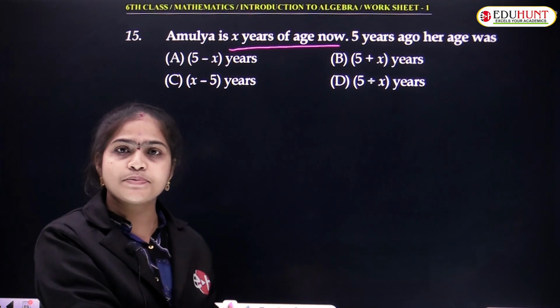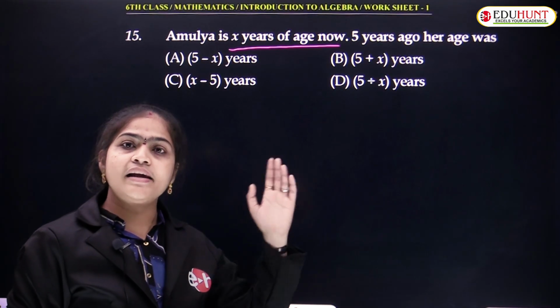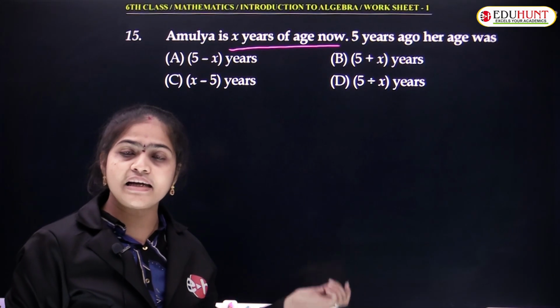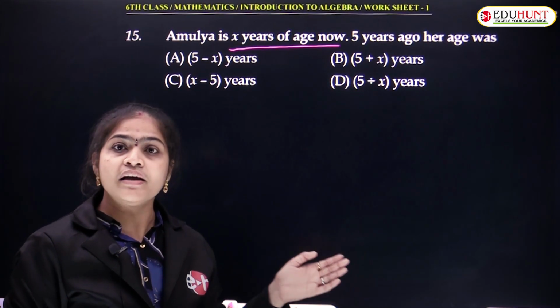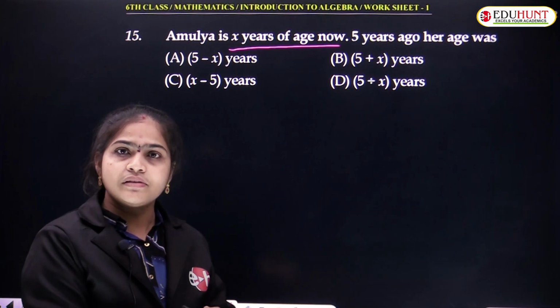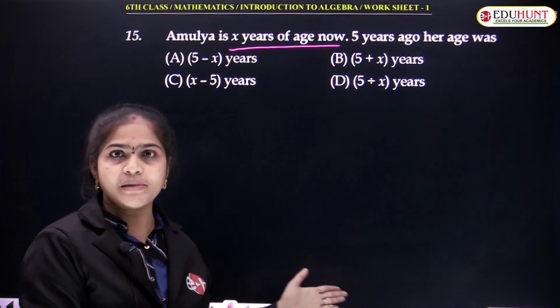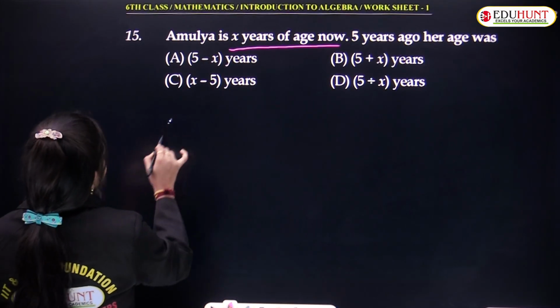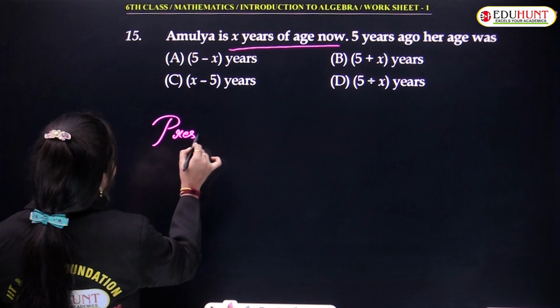That is 10 minus 5 is equal to 5 only, no? And 2 years ago, 10 minus 2. 3 years ago, 10 minus 3. 4 years ago, 10 minus 4. Which means here ago means back. Number of years before from now. Now here it says the present age of Amulya.